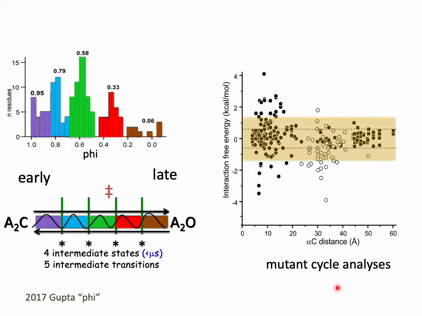If you compare the pair effect to the sum of the individual effects, the difference between those is an interaction energy. So if the pair and the sum of the individuals were identical, that would give you an interaction energy of 0. And you either get favorable or unfavorable interactions.